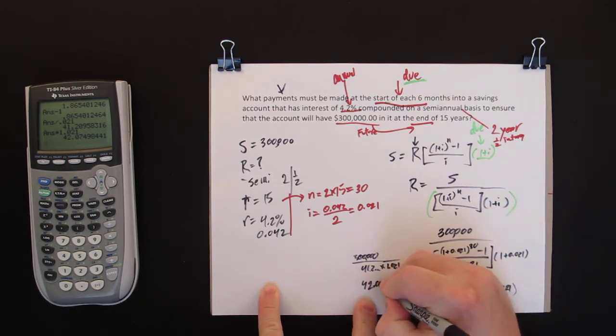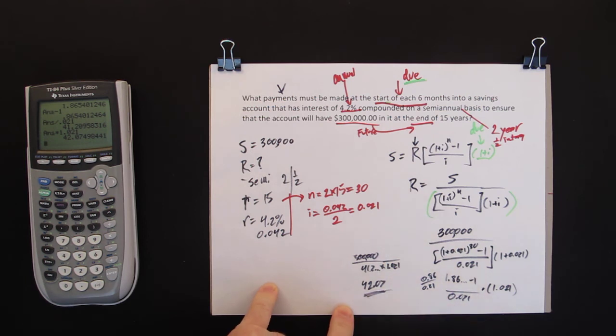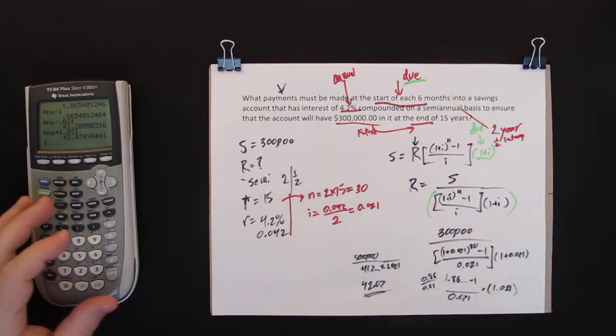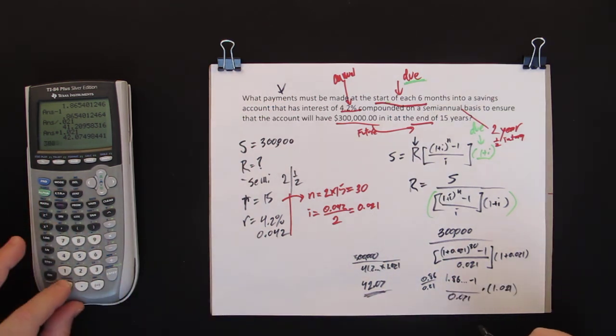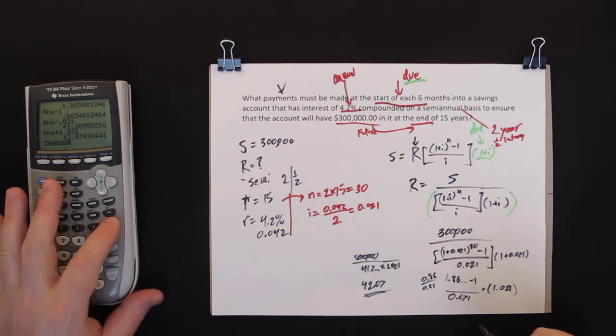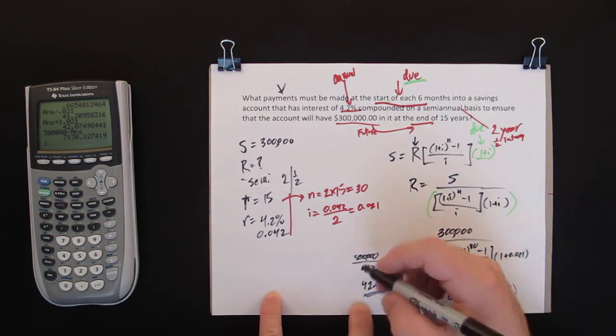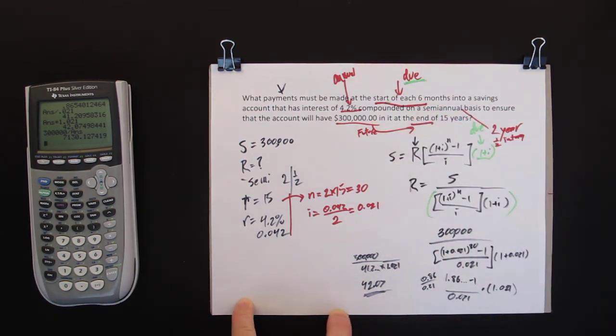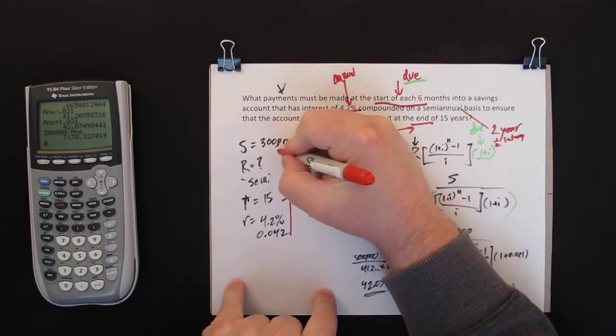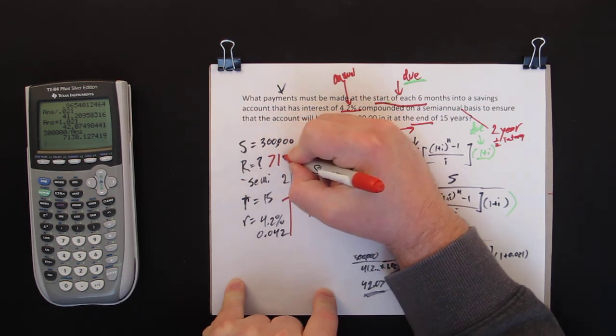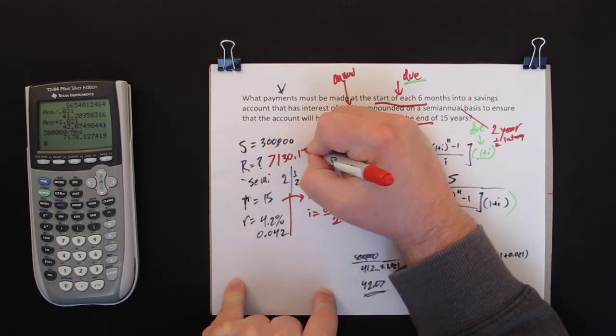So see, that actually makes a bigger difference on this. So 300,000 divided by that result gives a payment of $7,103.13.